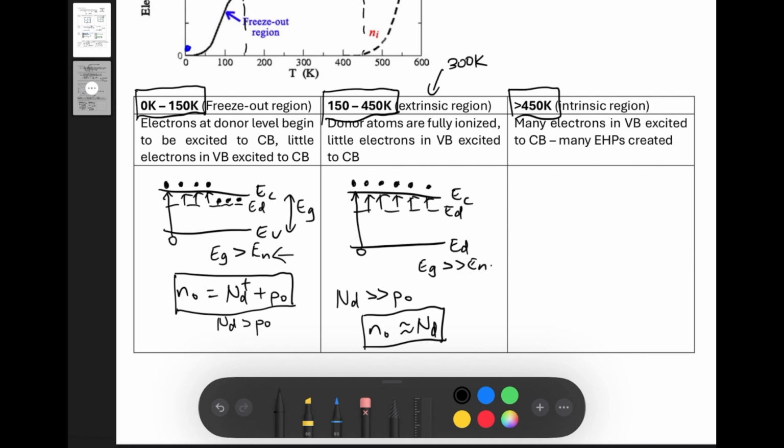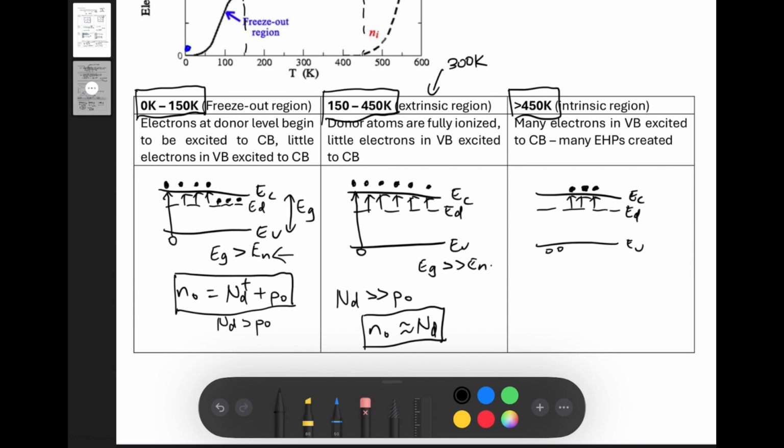And for the intrinsic region, which is above 450K, many electrons in the, okay, I drew this wrongly. So this is EV. Many of the electrons in the valence band have also been excited.